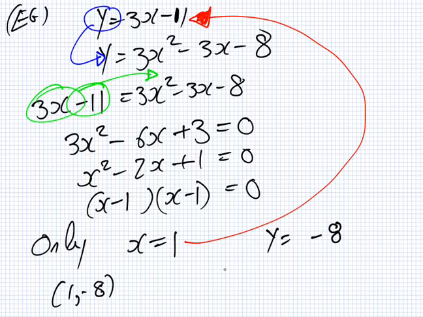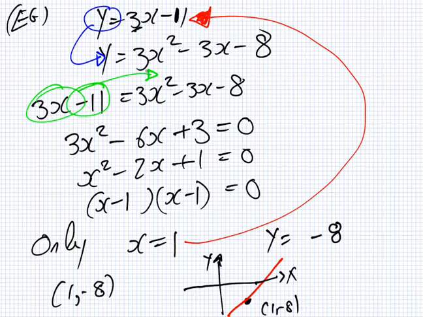And I'll get 3x minus 11 equals 3x squared minus 3x minus 8, and that goes in there for the y. Taking this and this to the right, I'll get 3x squared minus 6x plus 3 equals 0. Now, everything can be divided by 3.